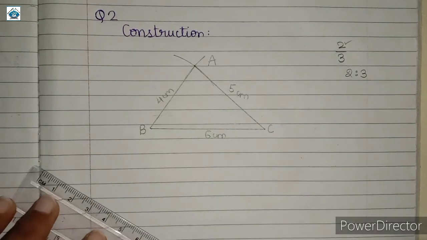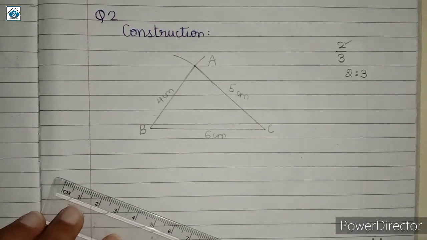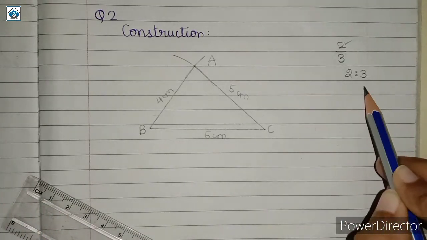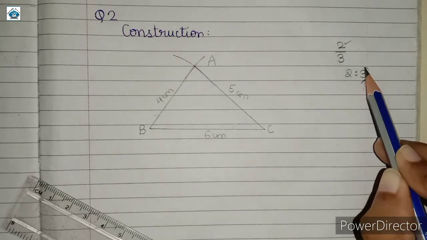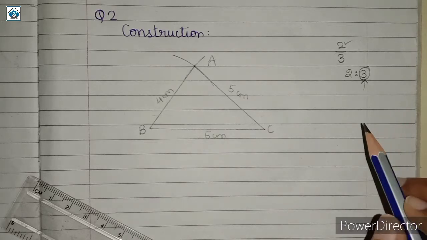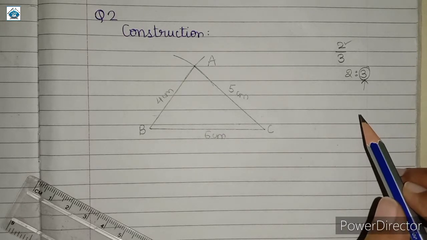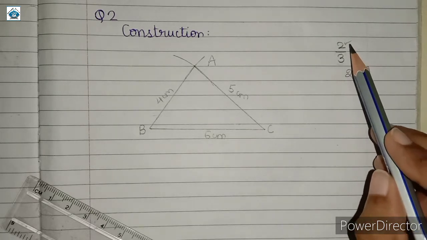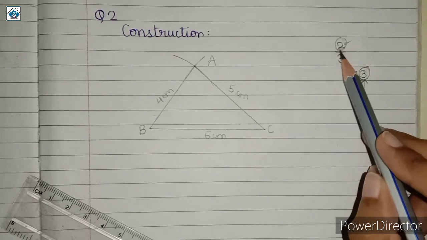For that, consider BC as the line segment and the greater of these two, which is 3. That is how many number of divisions we should make. Once again, I am repeating. We are told that the new triangle should be 2/3 of the first triangle. So, here we have 2 and 3.